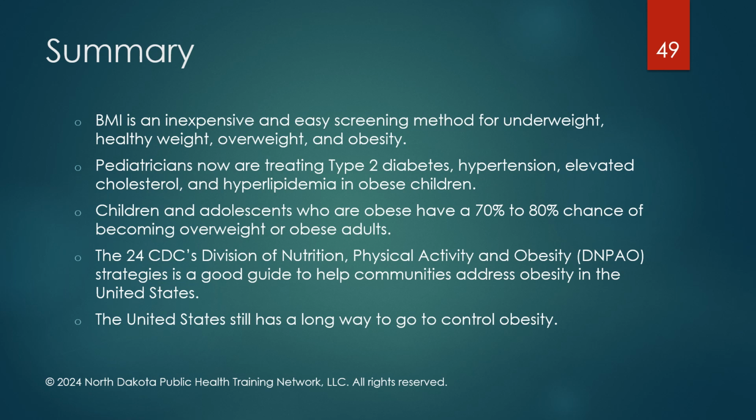Children and adolescents who are obese have a 70 to 80% chance of becoming overweight or obese adults. The CDC's Division of Nutrition, Physical Activity, and Obesity Strategies is a good guide to help communities address obesity in the United States. The United States still has a long way to go to control obesity.